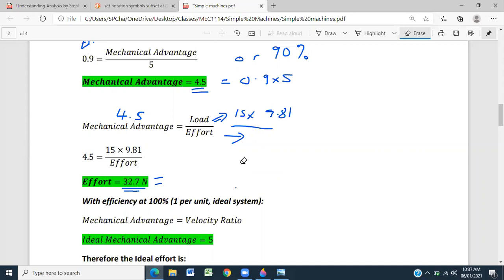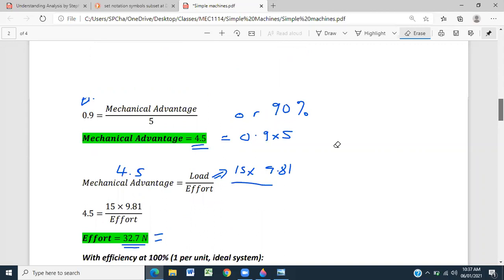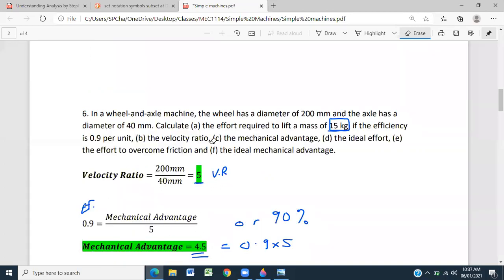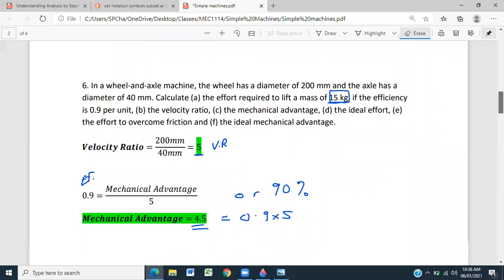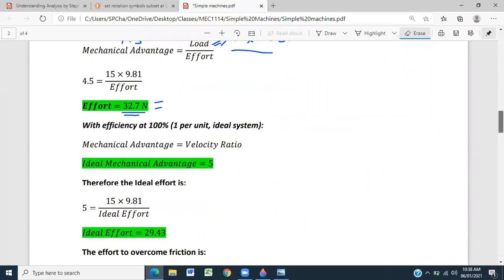Now, the other part is a bit different from the previous question. So now part D says the ideal effort, and part E, the effort to overcome friction, and F, the ideal mechanical advantage. So usually when they say an ideal system, they mean a system without losses, a system where we're not wasting any energy overcoming friction, right?